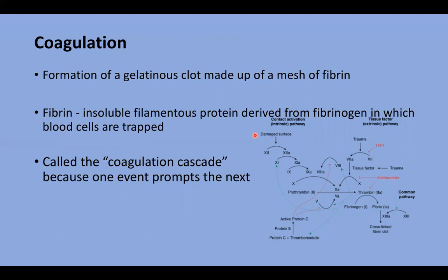So fibrin, which is going to form this fibrin mesh, the base of a blood clot, is an insoluble filamentous protein that is derived from fibrinogen, which is in our blood plasma naturally. And within this protein, blood cells are going to be trapped and form this blood clot.